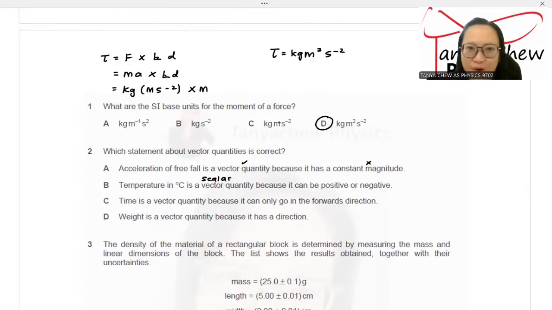Time has no direction. You cannot reverse back the time. So that is why time is a scalar quantity. Statement C is wrong. D, weight is a vector quantity because it has direction, which is true. The definition of weight is the gravitational force acting on a body, directed downwards towards the center of the earth. D is the answer.